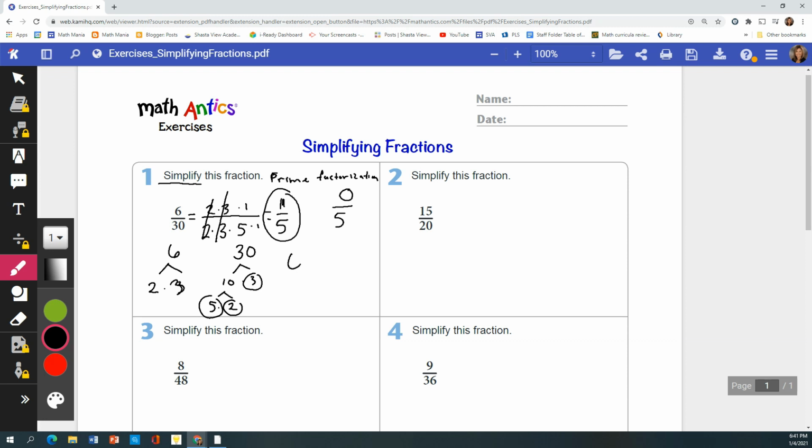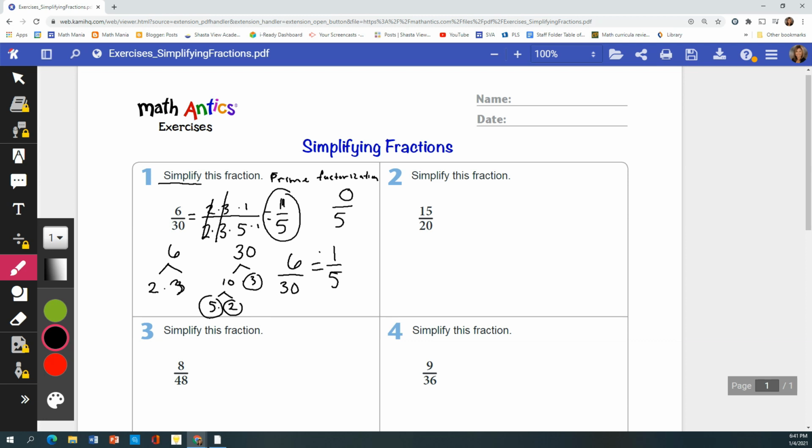Now I want you to look at this really quick. 6/30 is the same as 1/5. So if we got our fraction circles and put 6/30 on 1/5 of a fraction, it would be the same. I actually would like to show you that, so maybe I will. But I want to show you something first. What number did we multiply 1 by to get 6?